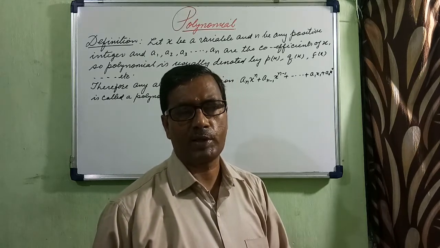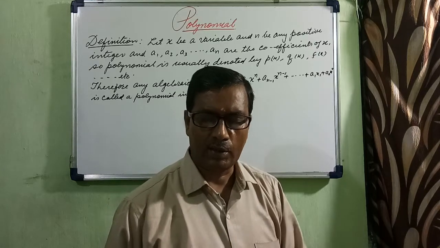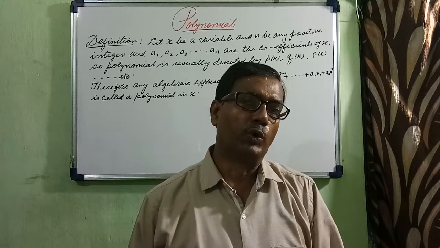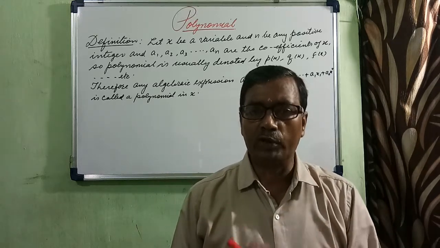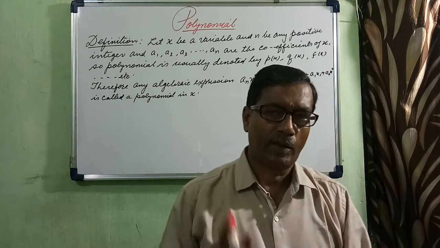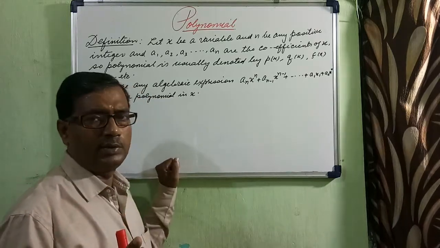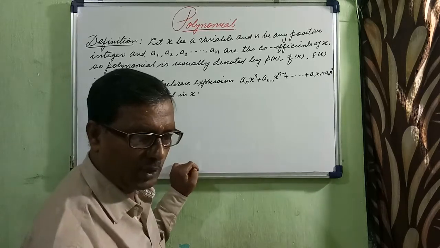In the lower classes, you might have studied that when the terms of an algebraic expression are one or more, it is called a polynomial. You are not wrong, but we can define the polynomial in a more modified way. Look here. Not every algebraic expression is a polynomial.